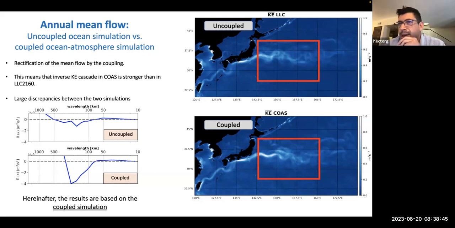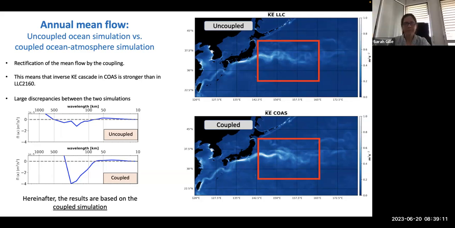Two, if the wind gets stronger and aligned to the front, it's also another type of instability that enhances small scales. And actually, I'm not sure how to explain why the mean flow in the coupled model is more coherent. That's a question that we are trying to answer.